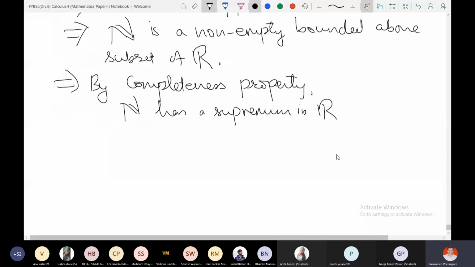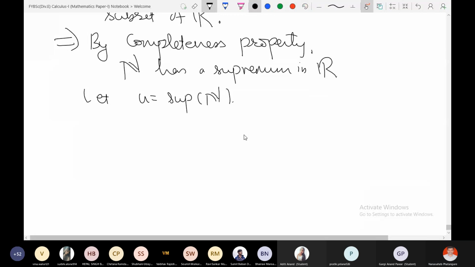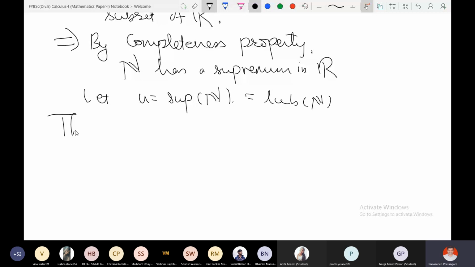Okay, so let u be equal to the supremum of N. So u is the supremum, that means the least upper bound of N. Then what can you say about u minus 1 by our previous statement of theorem?